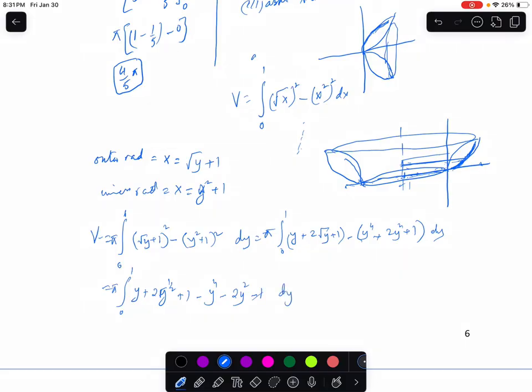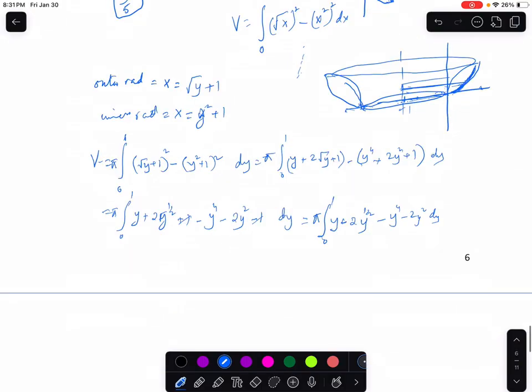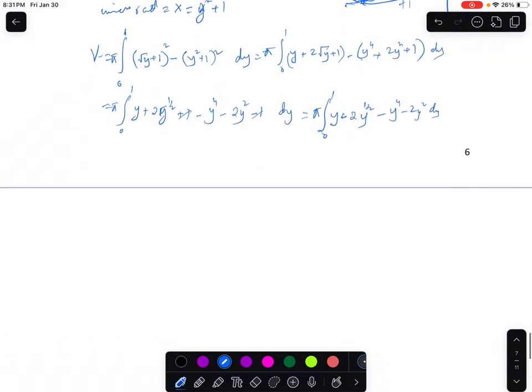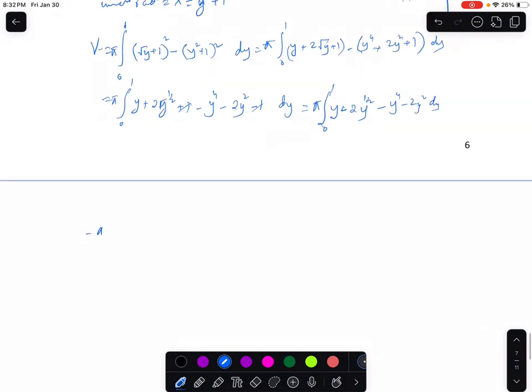Now 1 and 1 cancel out and we can integrate the rest. Okay, I think we just need to integrate now.